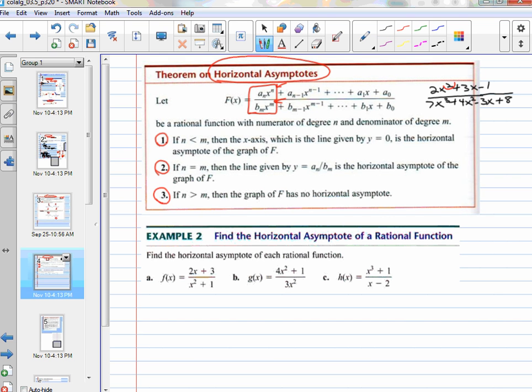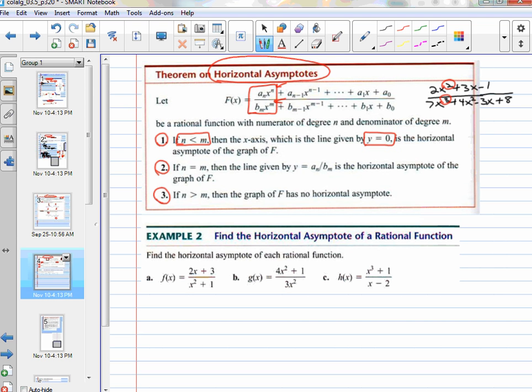This is a second degree over a third degree. All of these steps come from comparing the degrees. If the numerator is less than the denominator in degree, that was my example, I have a second degree over a third degree, 2 is less than 3. Your horizontal asymptote is automatically y equals 0. That's where it will occur.